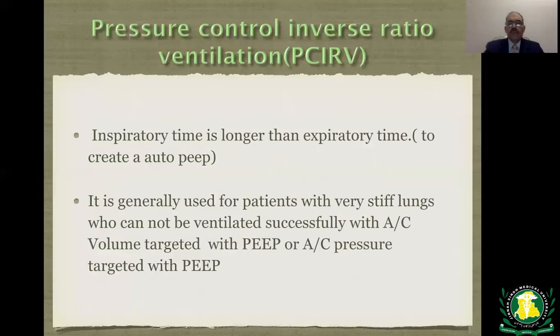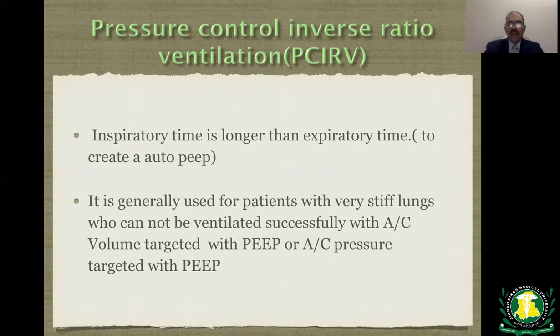Pressure control inverse ratio ventilation. Normally, exhalation is 2 to 3 times inhalation, so expiratory time is 2 to 3 times the inspiratory time. In this pressure control ventilation, we set the inspiratory time more than the expiratory time. So we inverse that ratio to create auto PEEPing, to keep alveoli open.